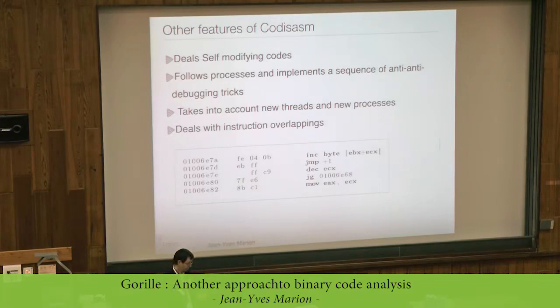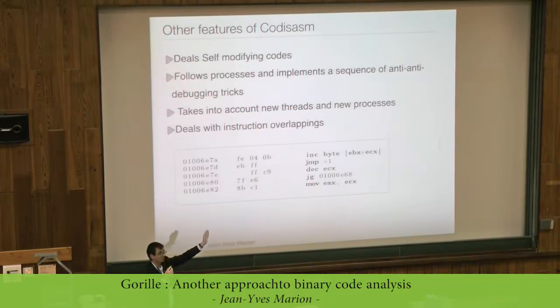Another question which is also quite tricky is that at some point you can have some instruction overlappings. Here is an example. I don't remember, it comes from UPX, I think. The first instruction is not interesting. The second one is the jump, and you see the jump +1. So you jump on yourself.